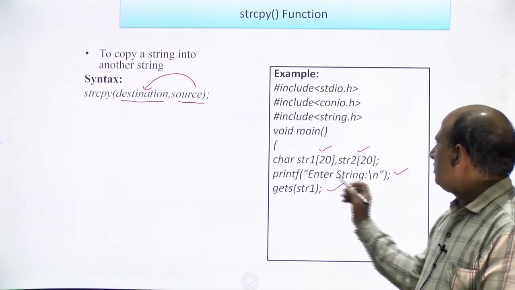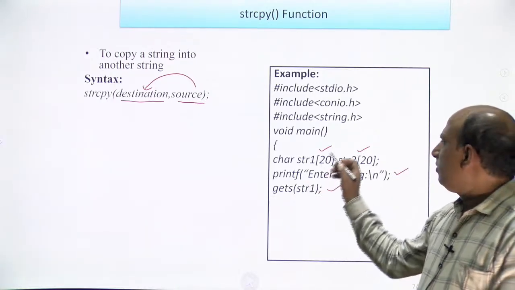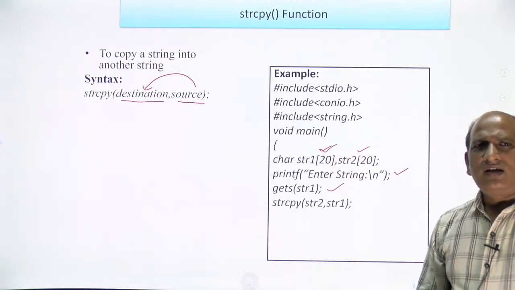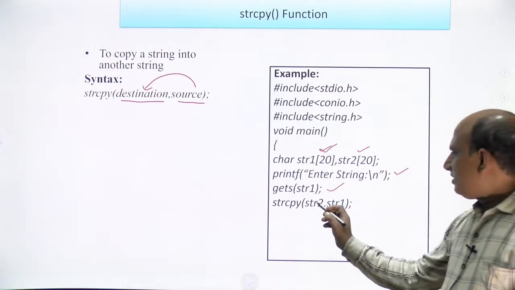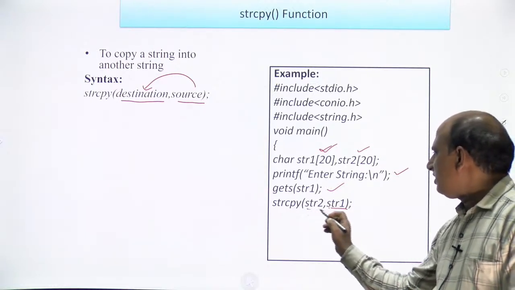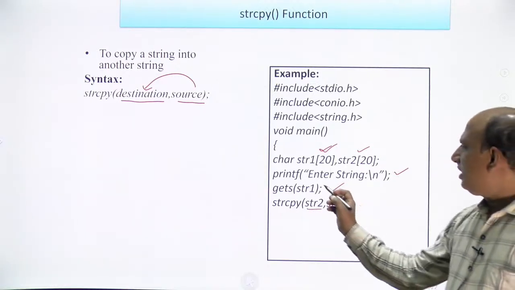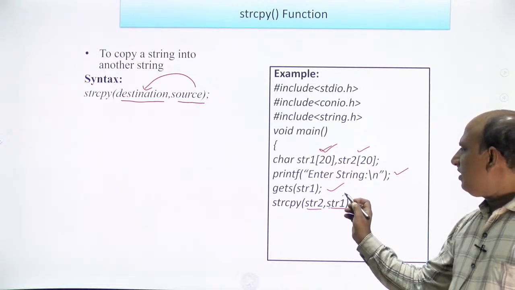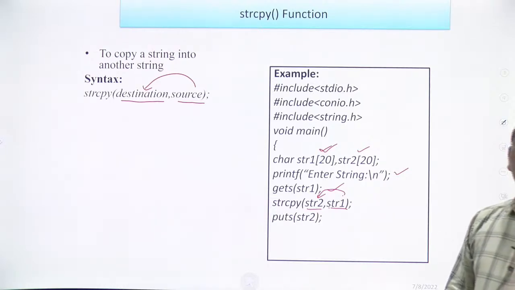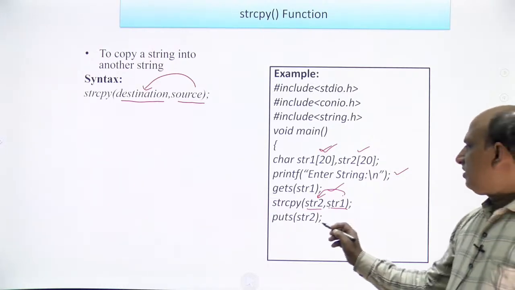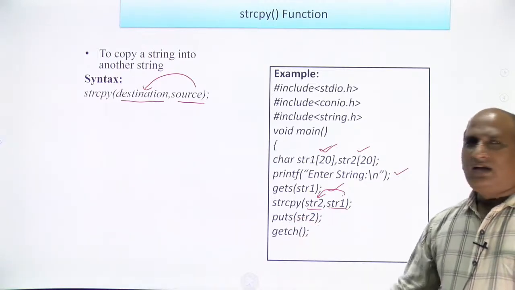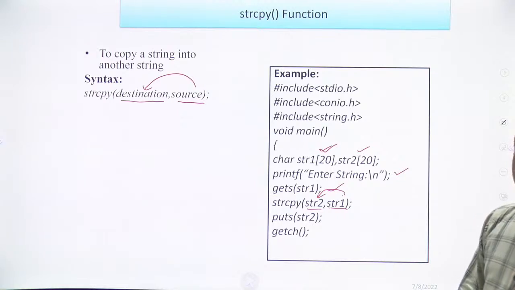Whatever the user inputs will go to this str1 array, and then we call strcpy with str2 comma str1, meaning str1 is the source string and str2 is the destination string. So str1 will be copied to str2, and whenever we print str2, it will be printed. We can print this by printf function or puts function, both.